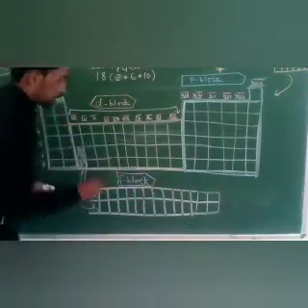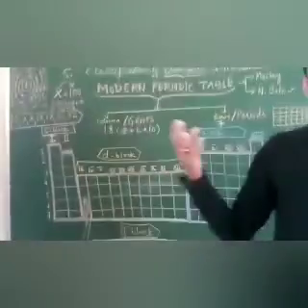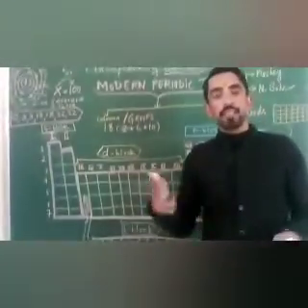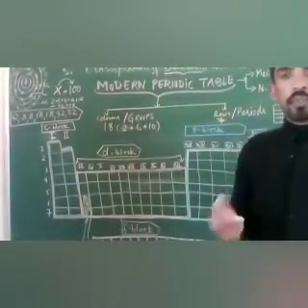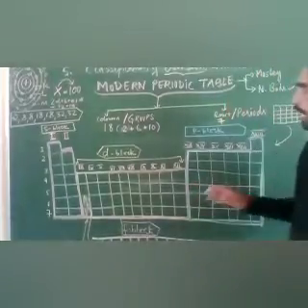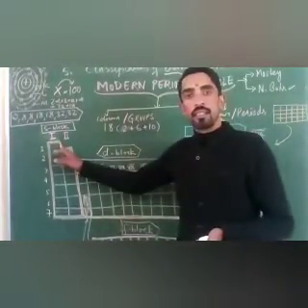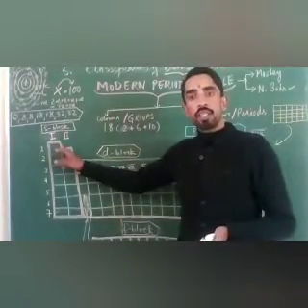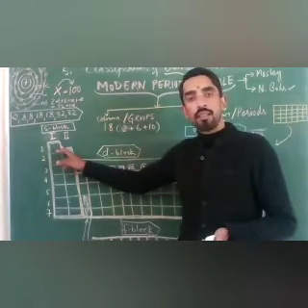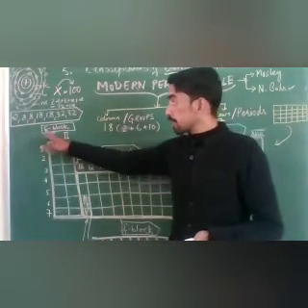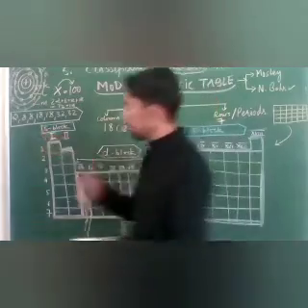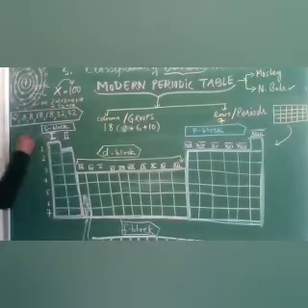F block. Now maybe some of the students are getting confused: from where did S, P, D, F in chemistry come? Very simple. Remember S. Now I am telling you new things.